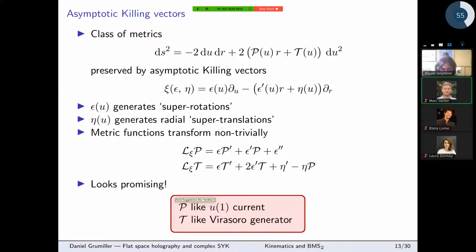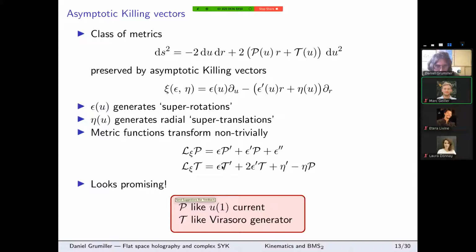So this looks rather promising because P transforms like a U(1) current. The first two terms show it's a weight 1 conformal quasi-primary. The appearance of the last term shows it's not a primary but a quasi-primary, because there's this anomalous term proportional to epsilon double prime. I'll come to this in a bit more detail later.